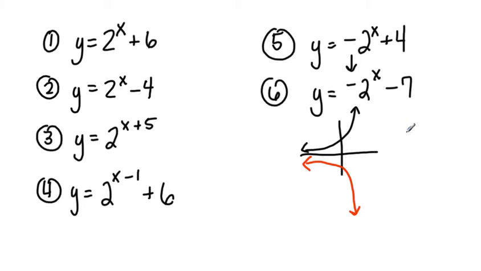It goes down 7. And what happens is the asymptote of 0 moves to the asymptote of negative 7. This is number 6. So do you see how it would be this?